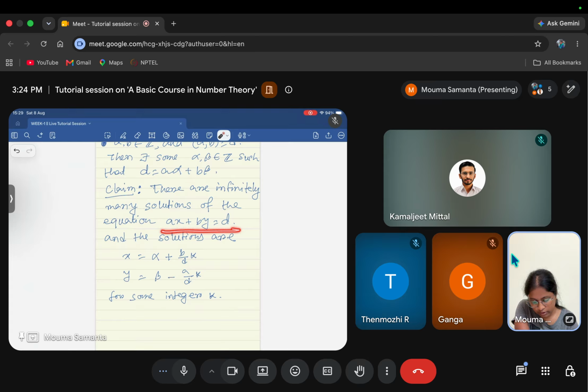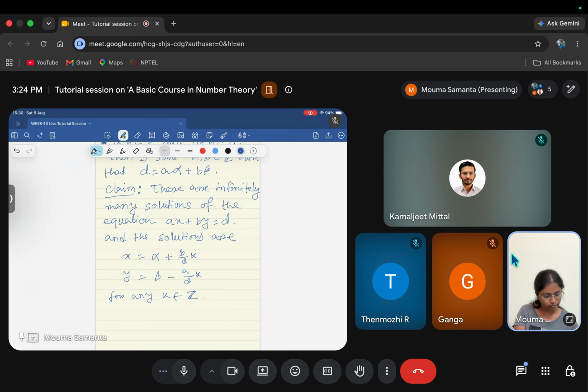So now we will try to show this equation has these kinds of solutions for any k belonging to Z. Not infinitely many, sorry.